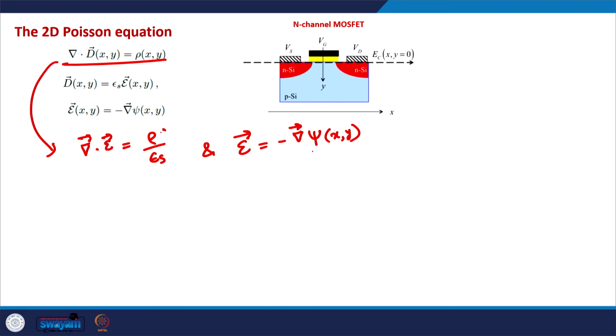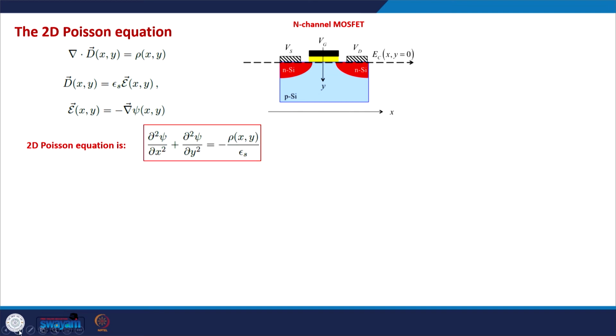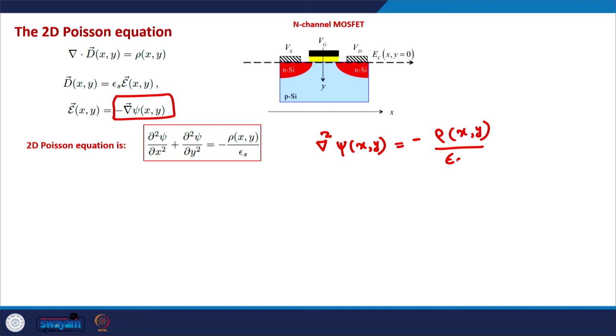So now this semiconductor potential psi also becomes a function of two variables, both x and y. So the 2D Poisson equation ultimately will look like this. If we substitute E equals minus del psi(x,y) in this equation, it will be del squared psi(x,y) equals minus rho(x,y) divided by epsilon_s.